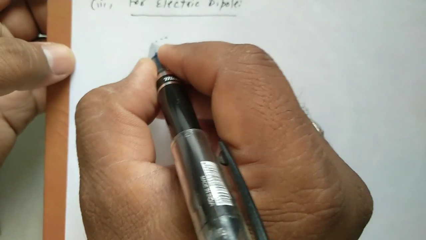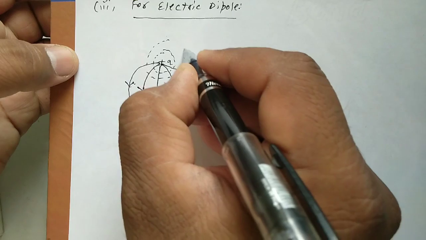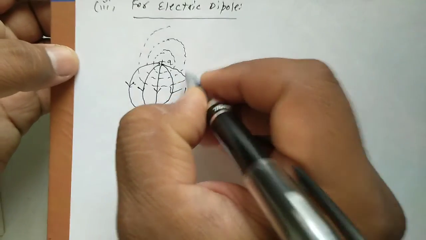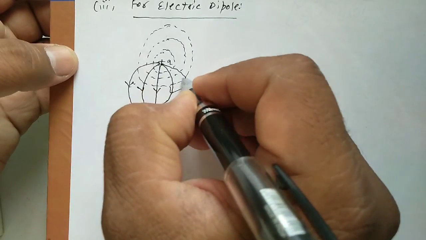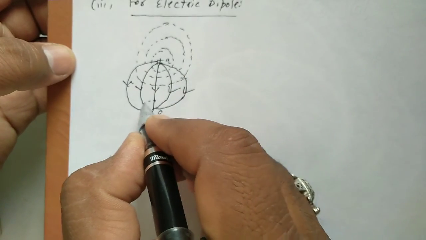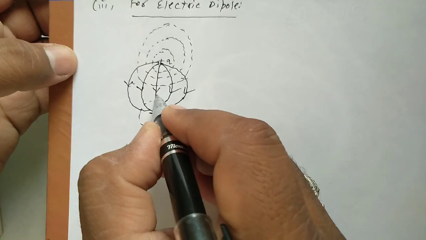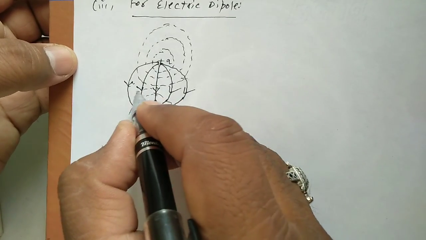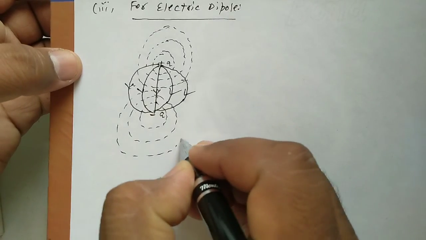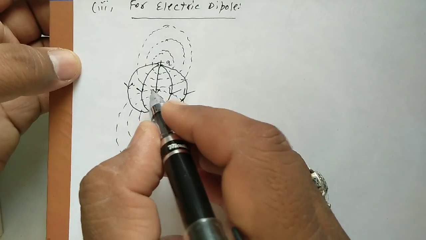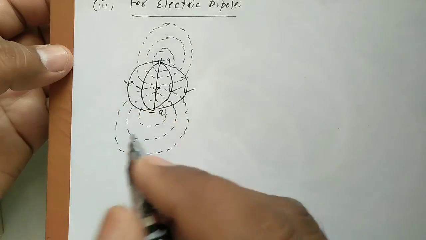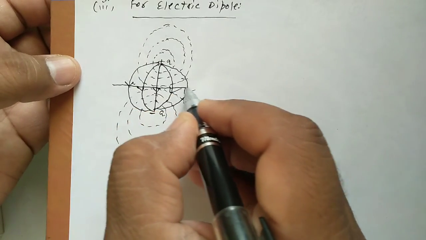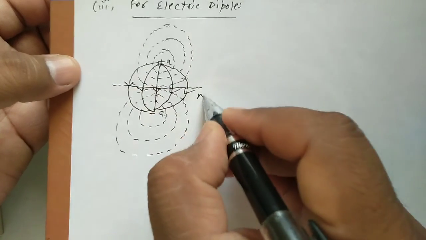Now, the second equipotential surface for the positive charge. The third equipotential surface for the negative charge. This is the second equipotential surface, and this is the third equipotential surface. Between these two, this is the neutral point.